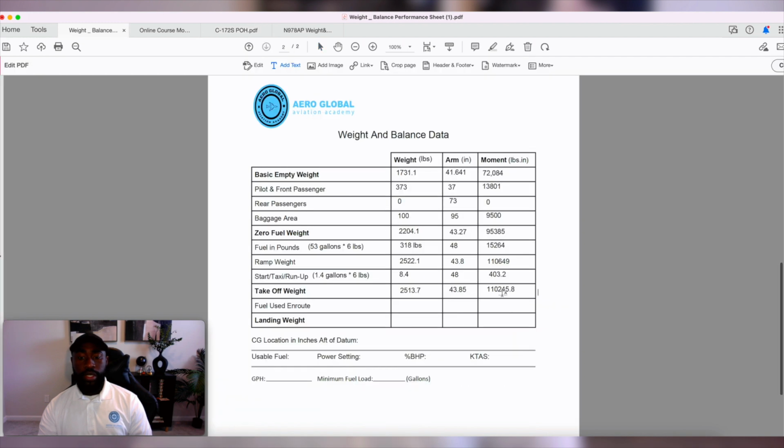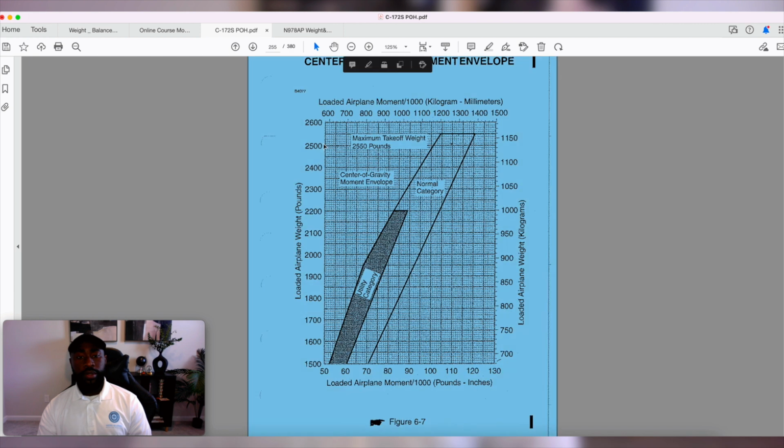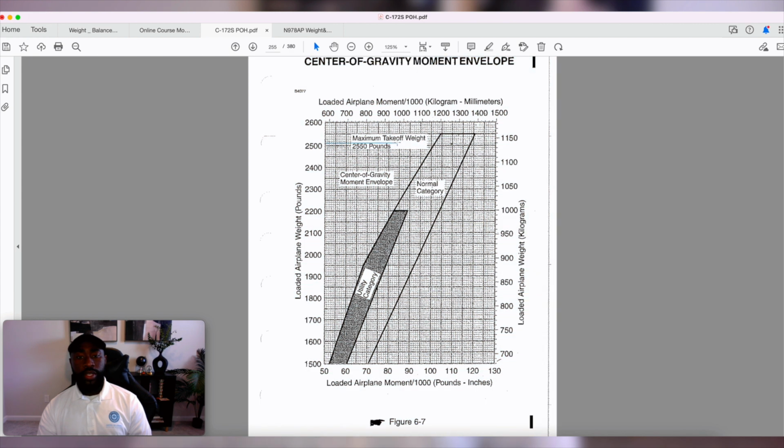Just from looking, I can see we have 110,000 here. So on this scale, we're going to be using 110, and our weight is about 2,513. To demonstrate that your airplane is actually safe to conduct this flight, you take that weight of 2,513, come on here, I'll assume it's somewhere here, and draw a line to where it matches with that 110 right there.